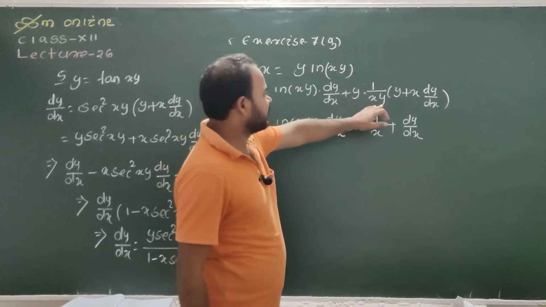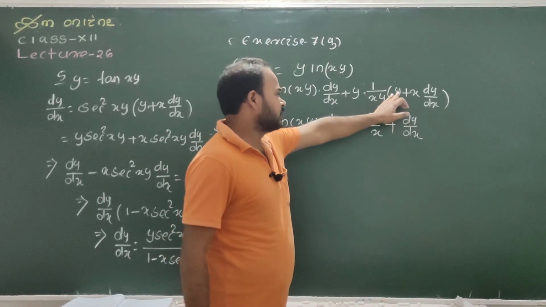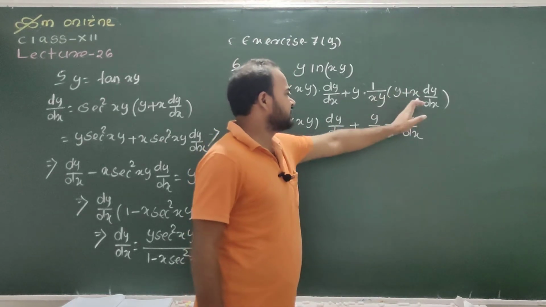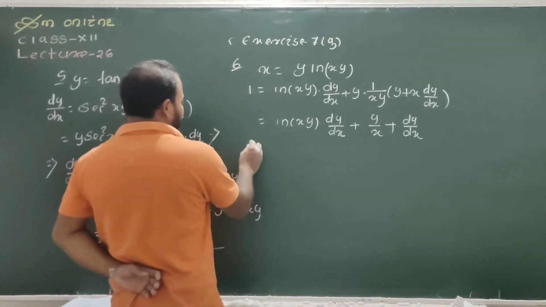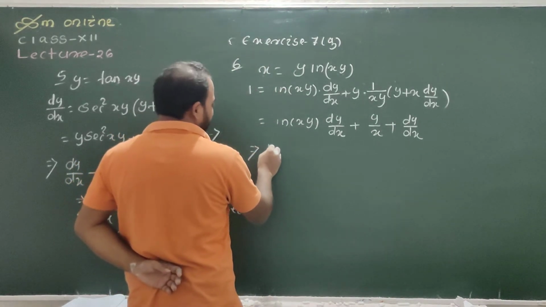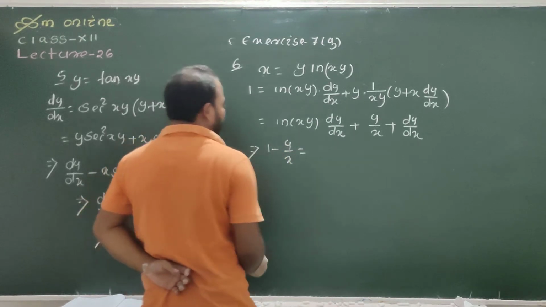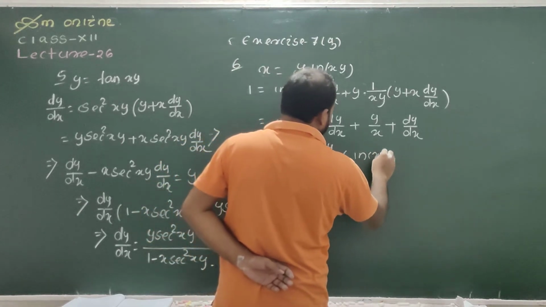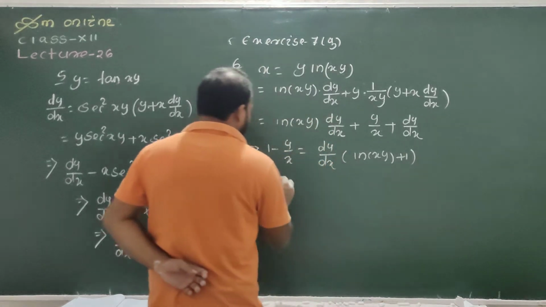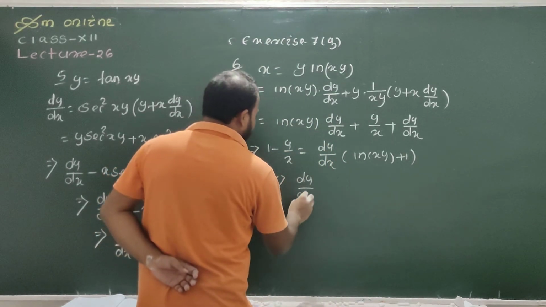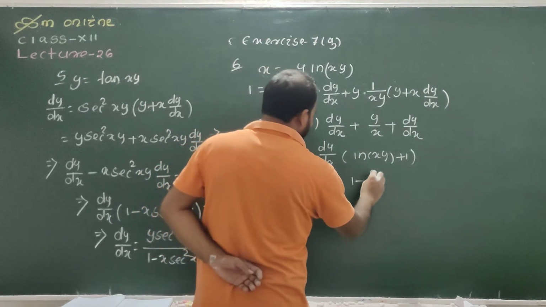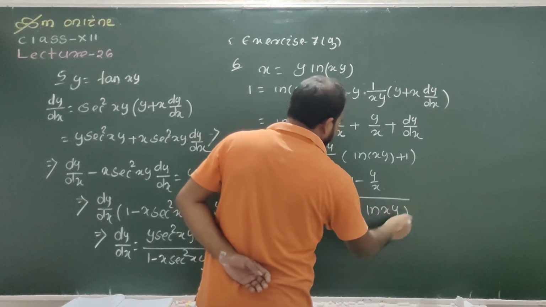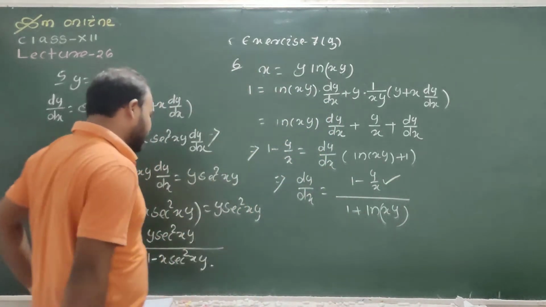First this y cancels, so in the bracket it is y by x, and again y cancels, x cancels, so dy/dx. This implies 1 minus y by x equals, taking dy/dx common, ln of xy plus 1, or dy/dx equals 1 minus y by x upon 1 plus ln of xy, and taking LCM and simplifying this equation.